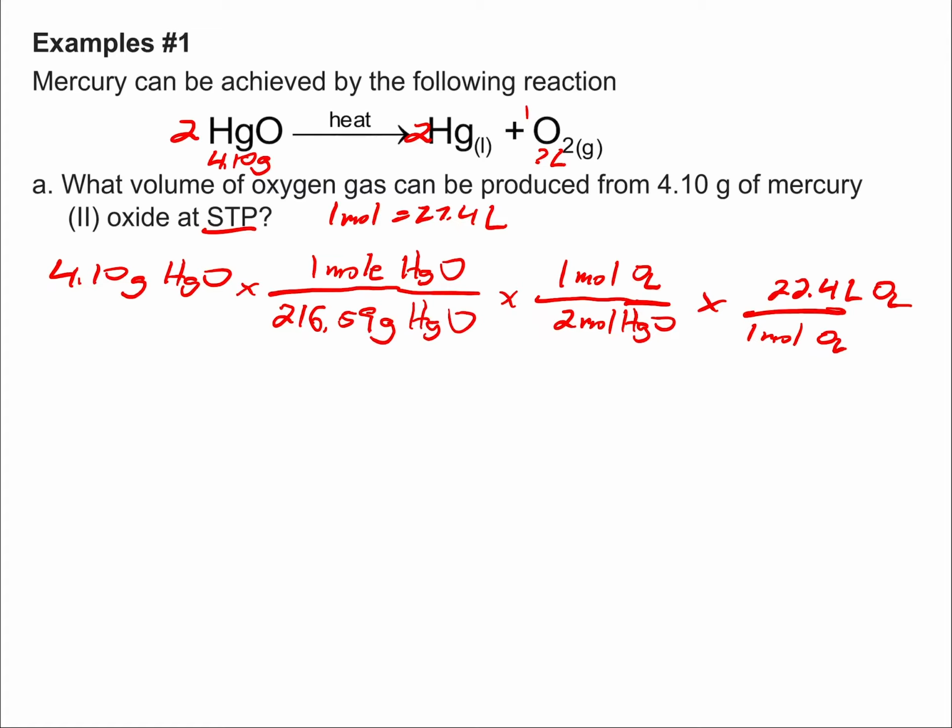Okay, so my setup is correct. All my units will cancel out: grams of HgO, grams of HgO, moles of HgO, moles of HgO, moles of O2, moles of O2. All my numbers are correct, so I'm just going to do the math. 4.10 times 1 times 1 times 22.4, divide by 216.59, divide by 2, plug it in the calculator, and I get an answer of 0.212 liters.